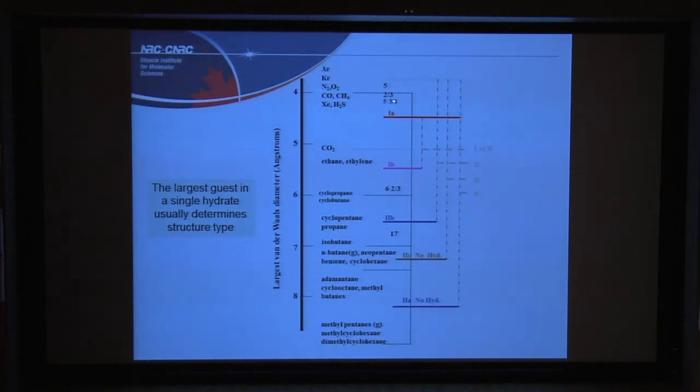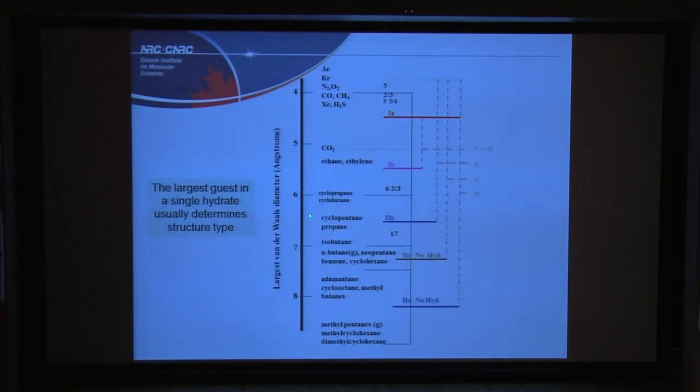I also show you here the hydration number, 5 2/3 for these small structure 2 formers, 5 3/4 for the small structure 1 formers, and then this changes to 6 2/3 as the smaller cages become empty, and we change back to structure 2.